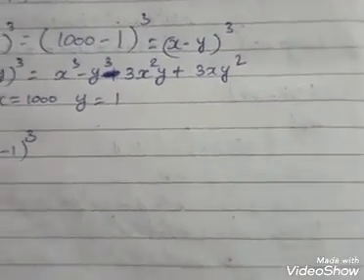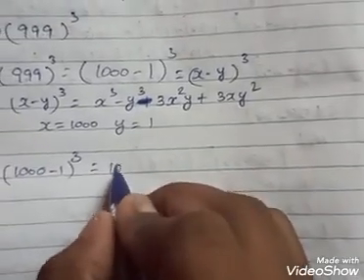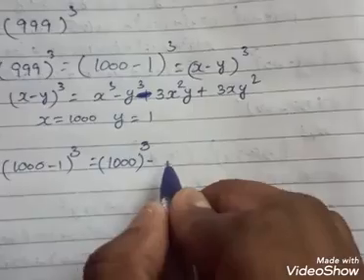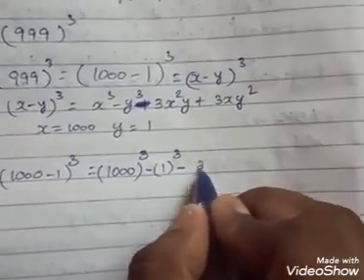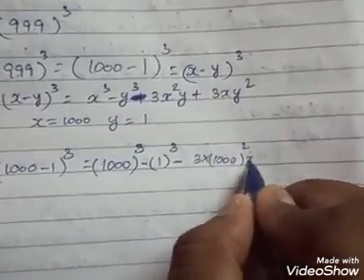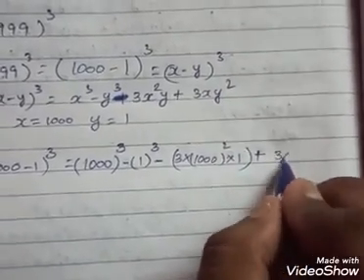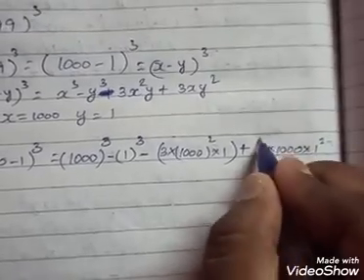So it should be 1000 whole cube minus 1 cube minus 3 into 1000 whole square into 1 plus 3 into 1000 into 1 square.